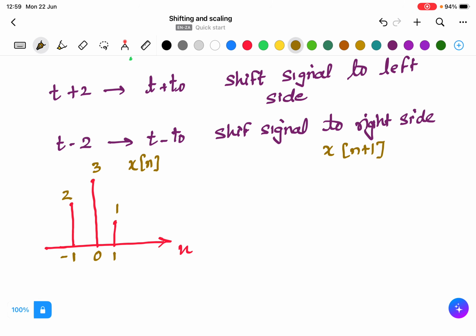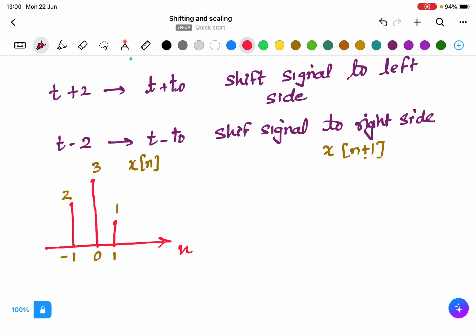As mentioned above, a plus sign here means that you will shift the signal to the left side by a value equal to 1.